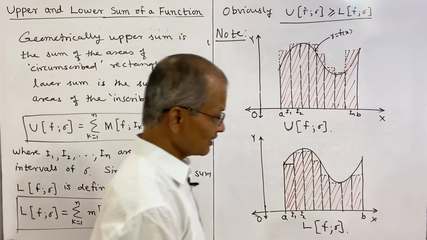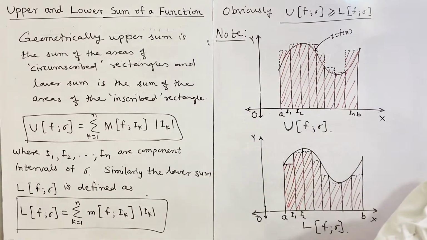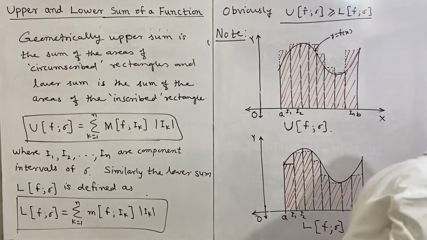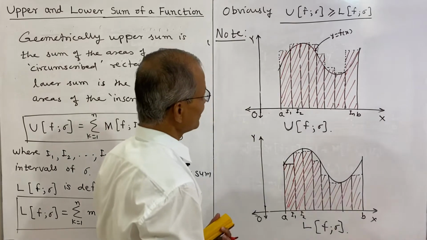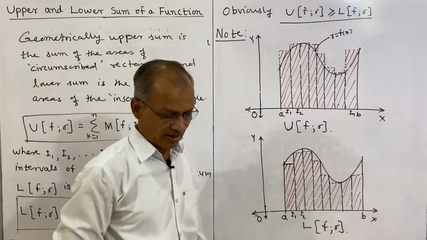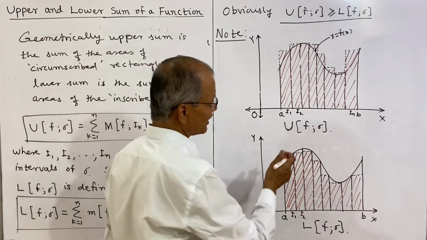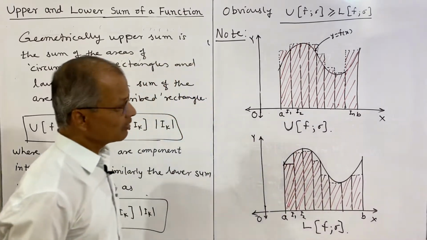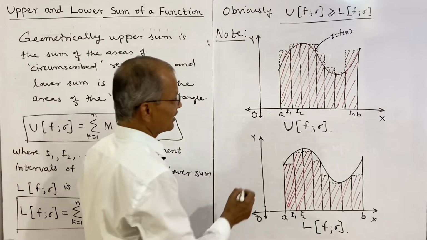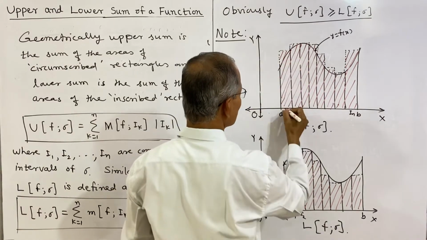Refinement of a division means we increase the number of components. Refinement of subdivision means a subdivision obtained by including more points of division, and that means we reduce the length of these components.